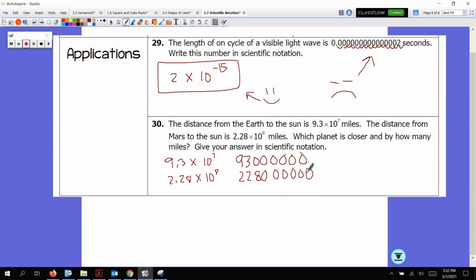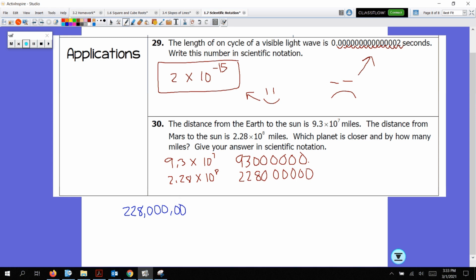What we're going to do is subtract these numbers. Oh my. But I noticed that the number on the bottom is bigger, so I'm actually going to rewrite it because I don't want it to be negative. All right, so we're going to take the distance from Mars and then subtract the distance from Earth. So that is 228 million miles away. That's a long way away, isn't it?